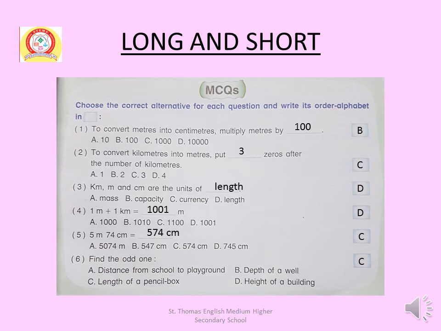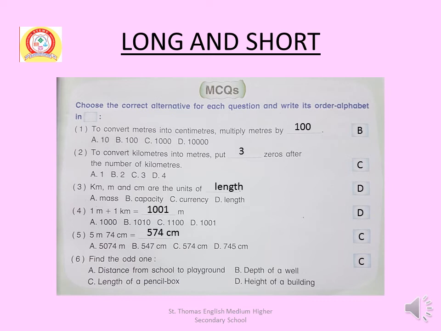Second one, to convert kilometers into meters, put 3 zeros after the number of kilometers. How? 1 kilometer equal to 1000 meter.